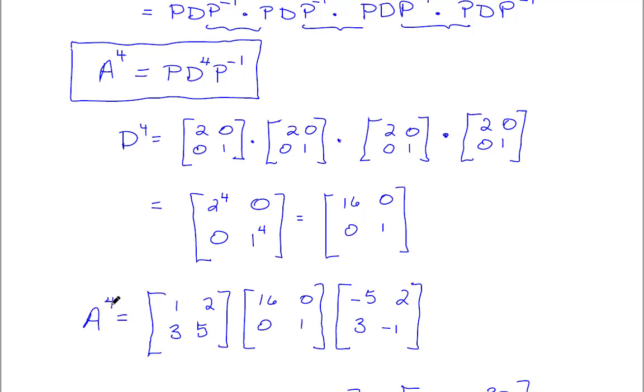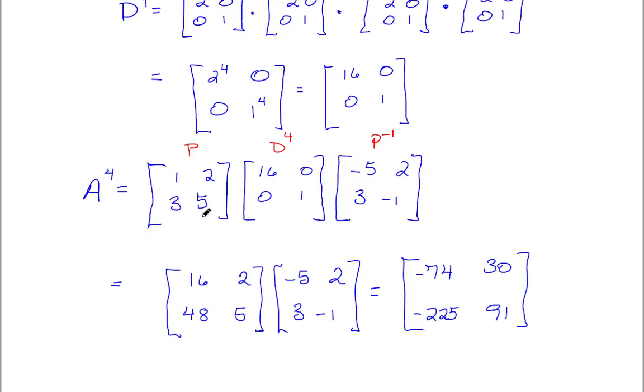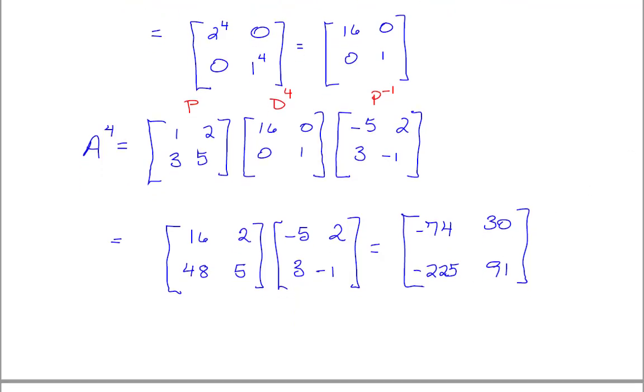So A to the fourth power is going to be P, so here's P, D to the fourth power, and here's P inverse. Multiplying these two together, I first took P times D to the fourth, and then from there multiplied it by P inverse to give us the final answer for A to the fourth power.